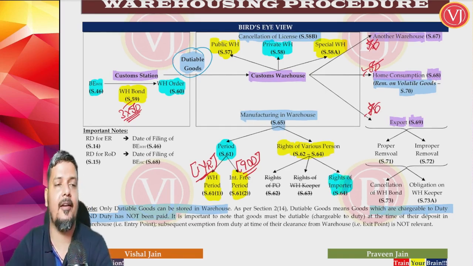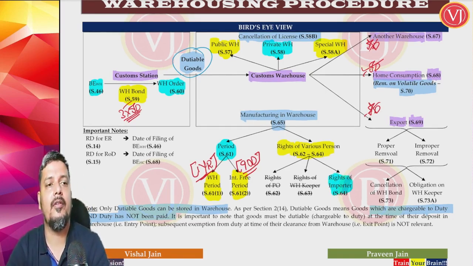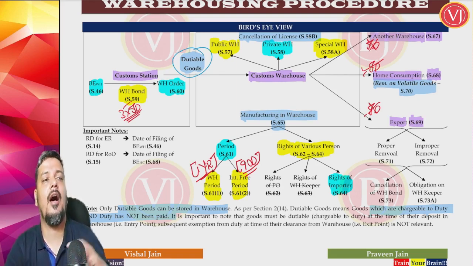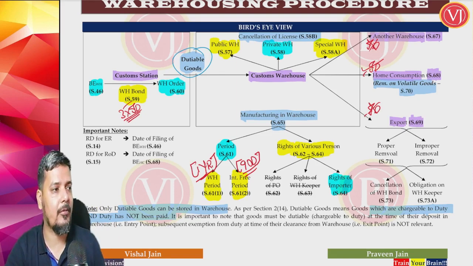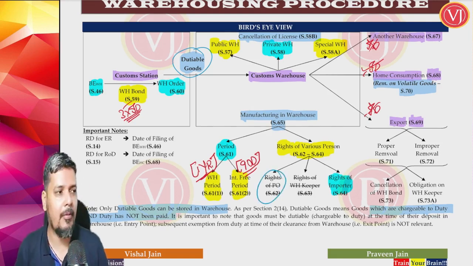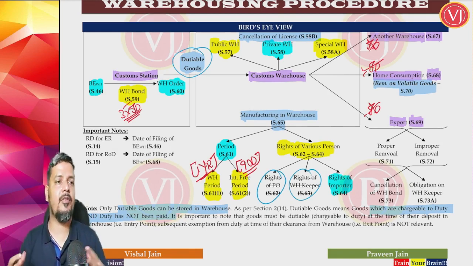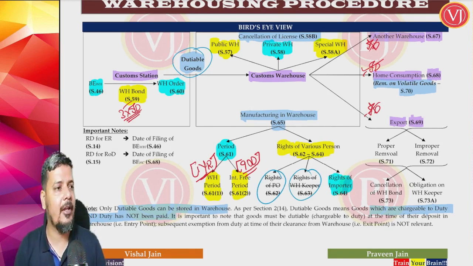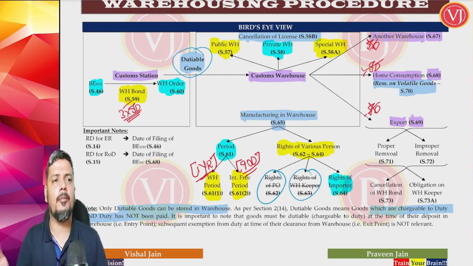Please understand that now warehouse is under the control of the warehouse keeper who is taking the license. Public warehouse, private warehouse are fully outside the control of customs. Only special warehouse is inside the control of customs. So now they don't talk about right of any proper officer. Earlier, if you were not paying to the warehouse keeper in time, you would be paying something to the warehouse keeper. Then they realized that the contract between warehouse keeper and importer is a private contract.